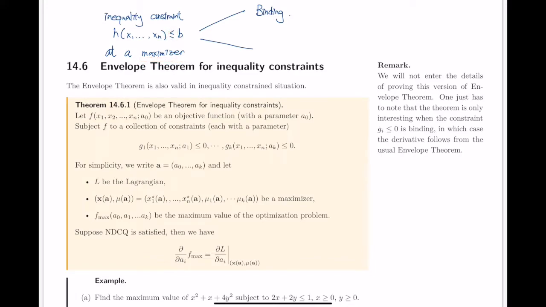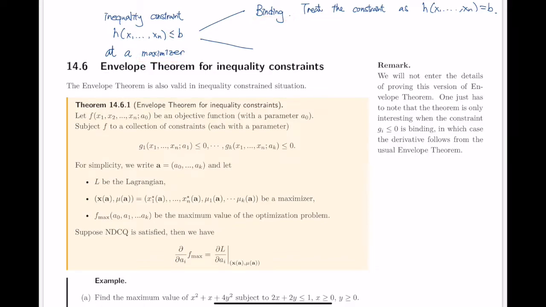So in this case, you can treat the constraint as equality. Right? Because if it's binding, that means by definition, the maximizer will give you equality. So you can really treat the constraint as the usual equality constraint.